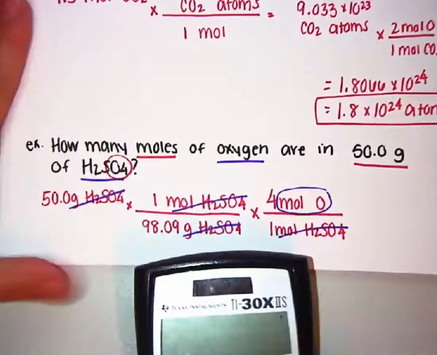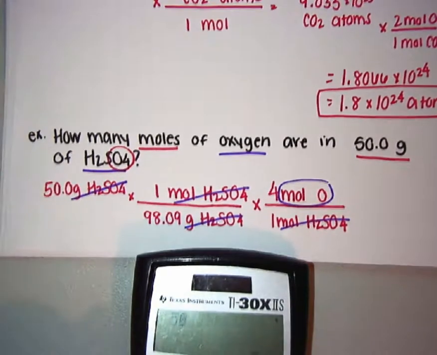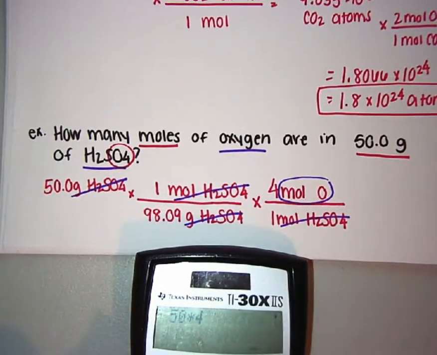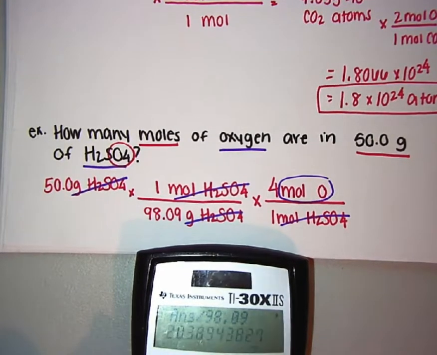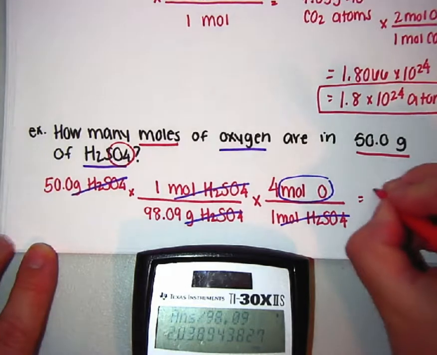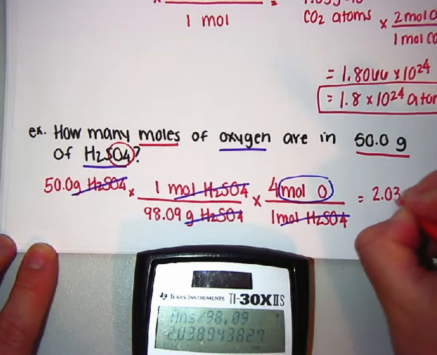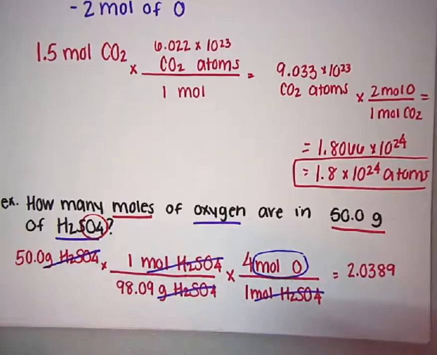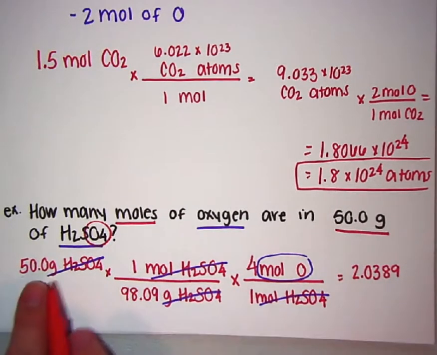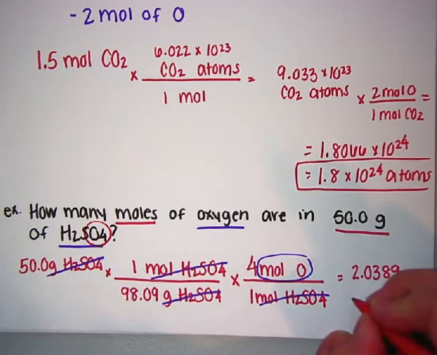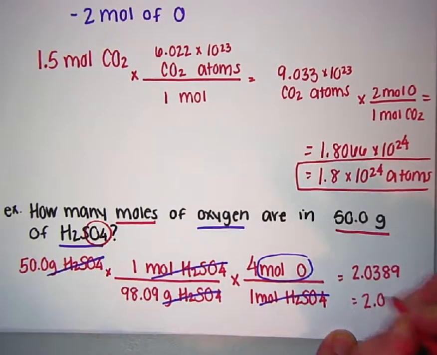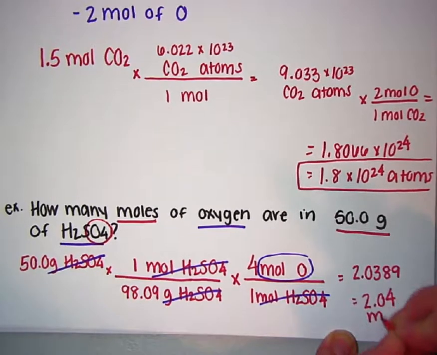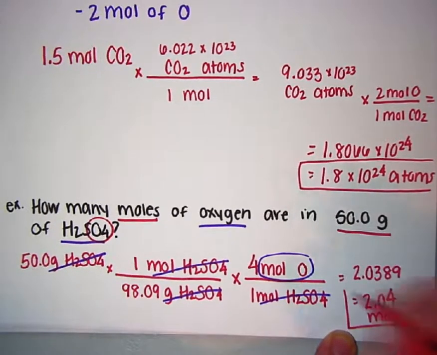All right, we're going to multiply across the top and divide by the bottom. Last step is let's round the appropriate number of significant figures. 50.0 has 3 significant figures. So 2.04 moles.